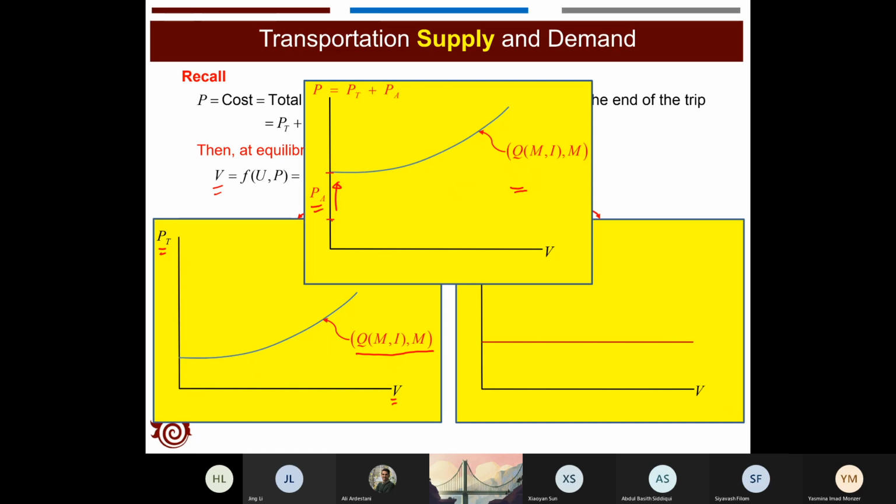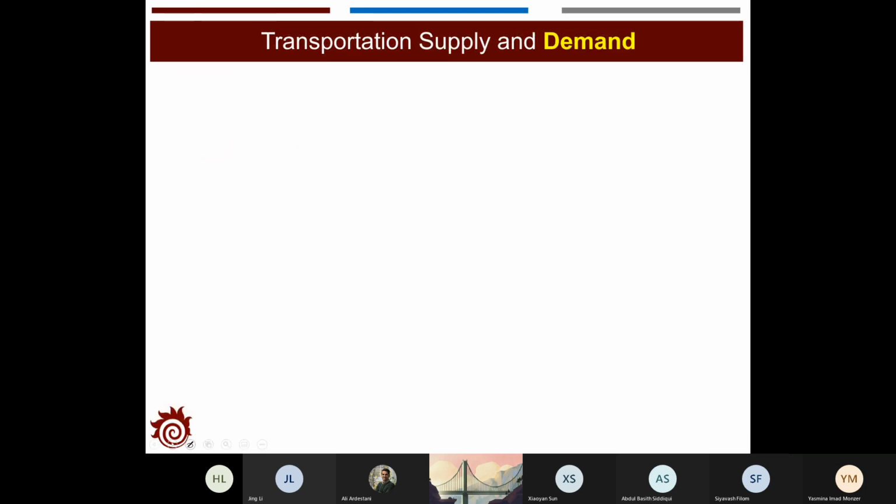So this is the total cost that you have to spend for the activity, including the transporting cost. And then for the demand side, we have the demand curve. Demand V is a function of the cost. Definitely with low cost, the volume would be higher.